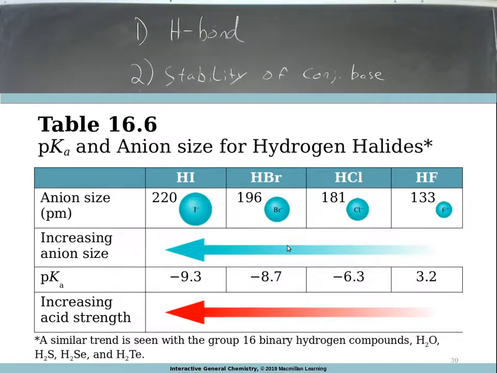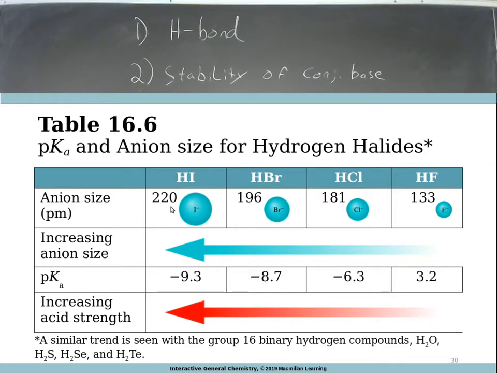Now we can look at this from a different perspective and instead consider the bond length. And so iodine is a big atom. The iodide ion has a radius of 220 picometers. And so that means that the hydrogen is held far away from the iodine nucleus, has a longer bond length, and because of that, it's going to have a weaker hold on the hydrogen.